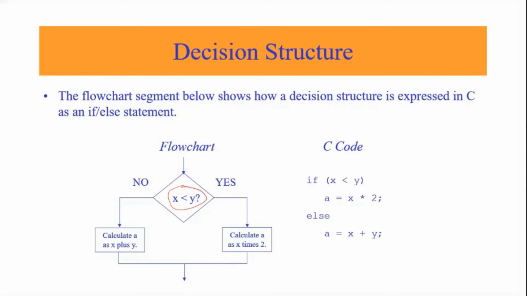Whether this is true or false, yes or no, something has to happen depending on true or false, or yes or no. So this is another component, a diamond-like structure. It is a decision component.